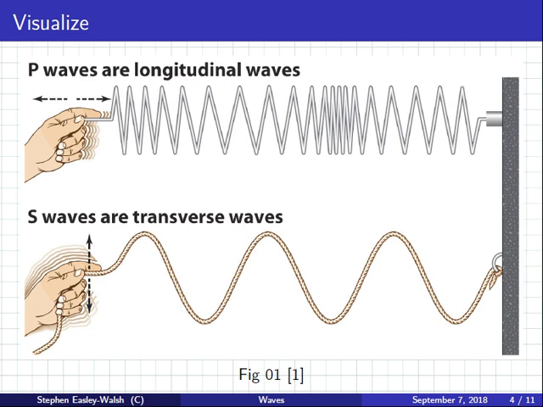Okay, Ben, if you can draw these two waves. That's right. This is how you can make the S wave if you go like this. And this is how you can make the P wave if you push it in like this. Do you know what I mean?